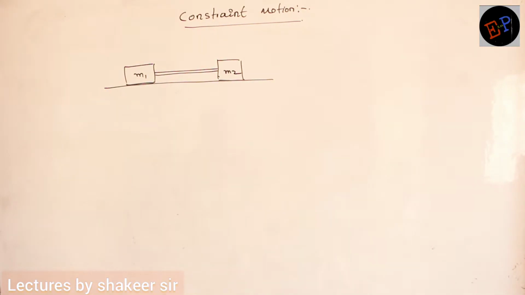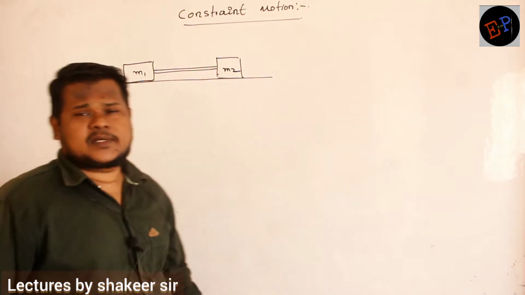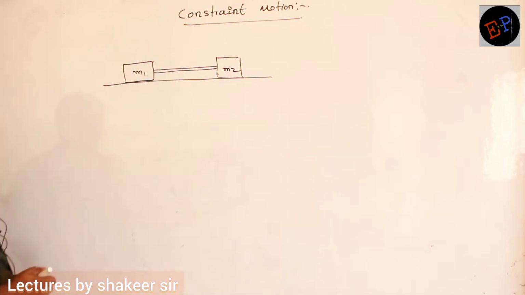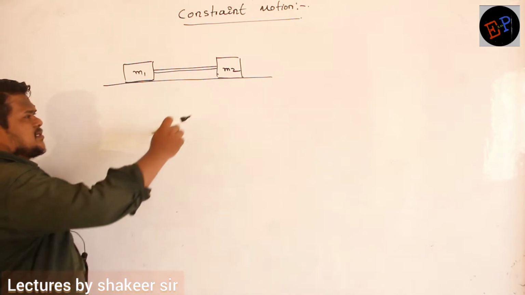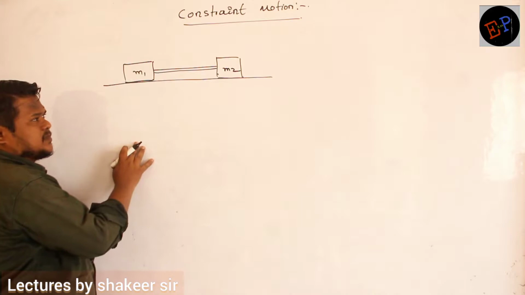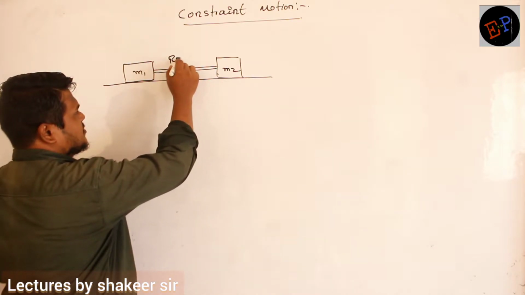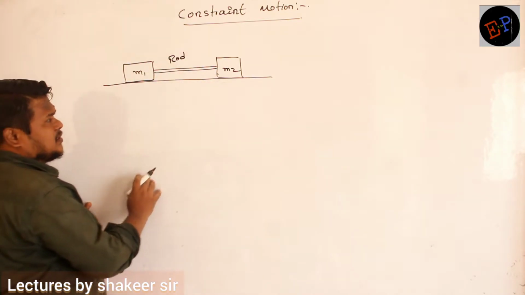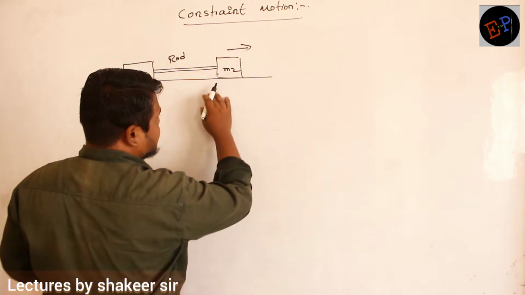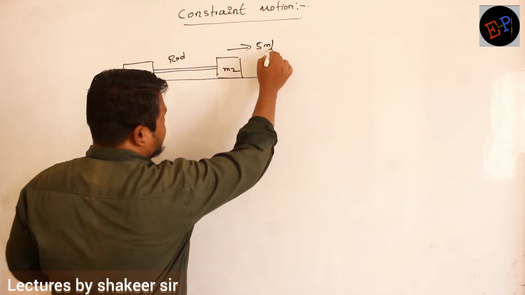Let us try to understand constraint motion in simple steps by taking some simple examples. So these are two masses. They are connected by a rod. What is this body? This is a rod. And let us assume this mass m2 is moving in this direction with a velocity of 5 meters per second.